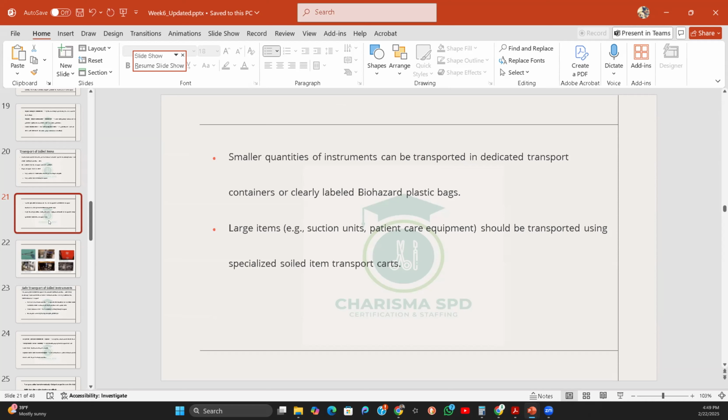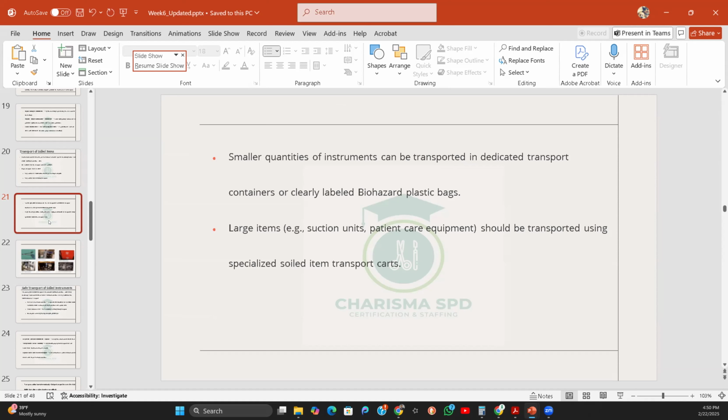All right. Smaller quantities of instruments can be transported in dedicated transport containers. Yes, smaller instruments that are used in units other than the OR, like labor and delivery, dermatology, endoscopy, cardiac, radiation oncology, NICU, and other care areas.